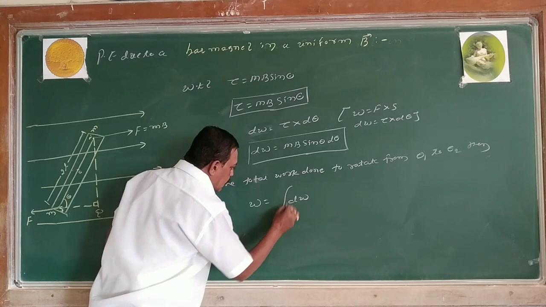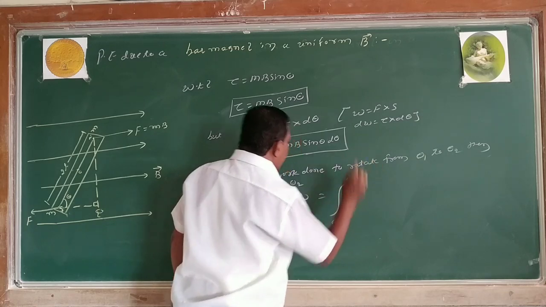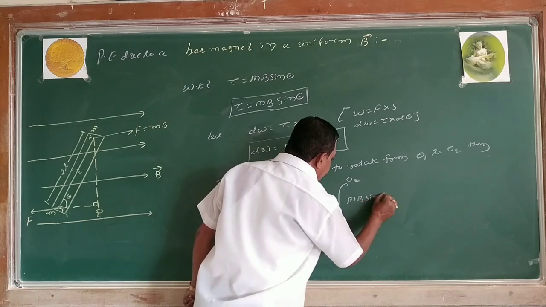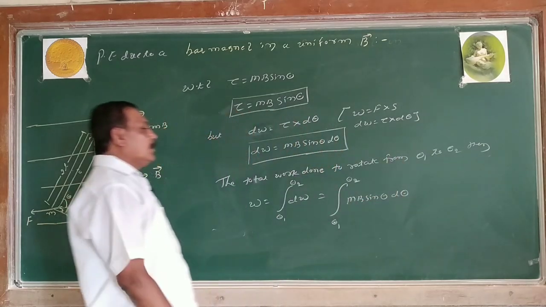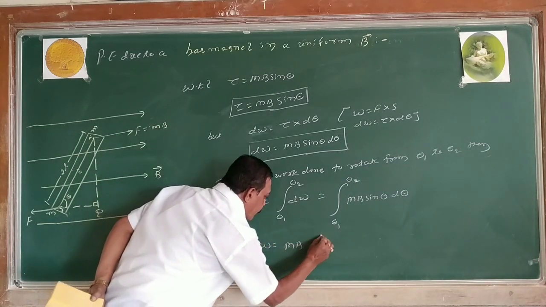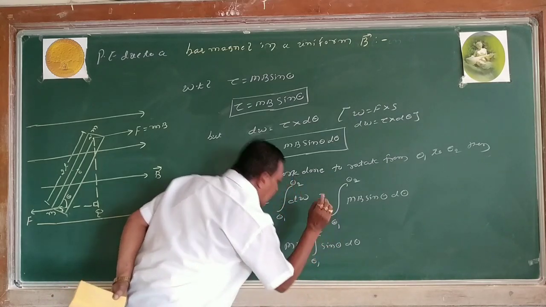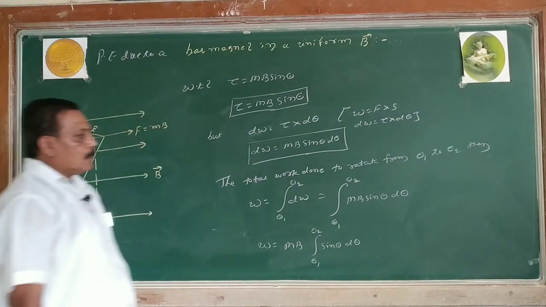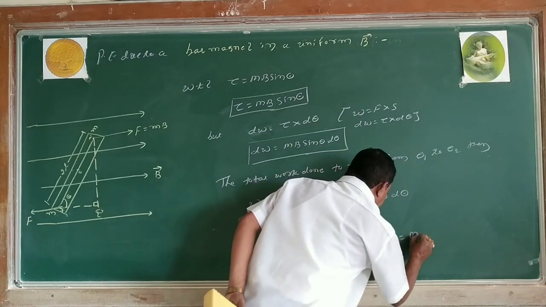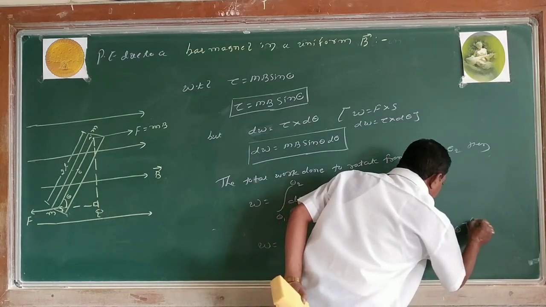What is the initial condition? Theta 1, and the final condition is theta 2. Then I can substitute theta 1 and theta 2: the integral of mB sin theta d theta. I take the constant factor aside, the integration of sin theta d theta from theta 1 to theta 2. After solving, we get mB times minus cos theta, from theta 1 to theta 2.